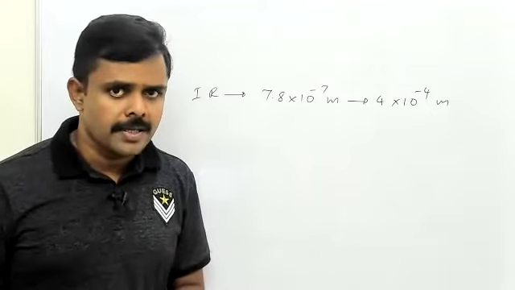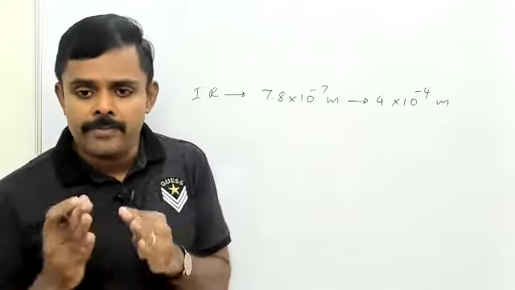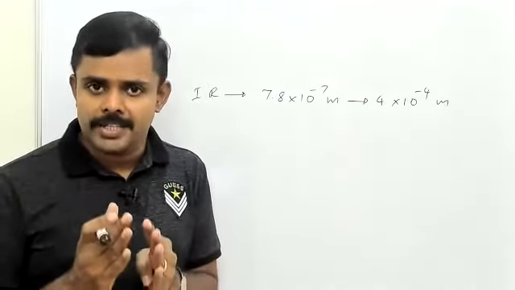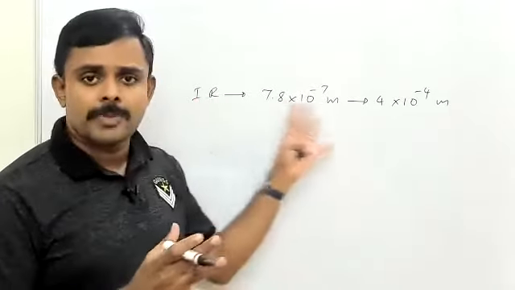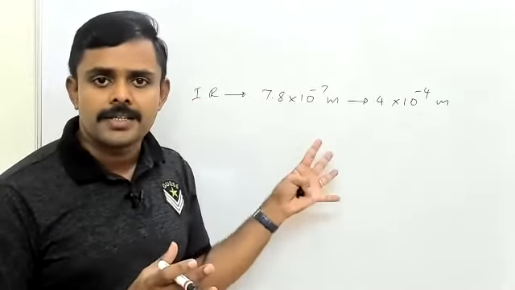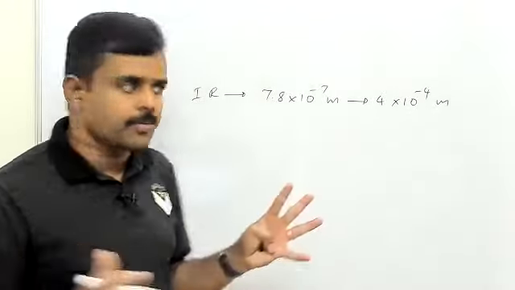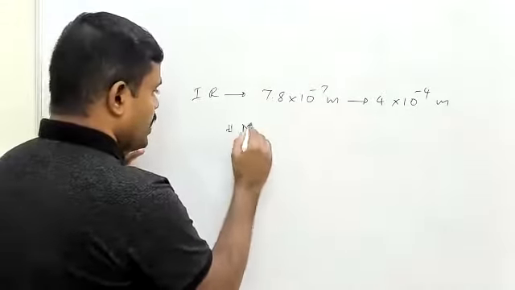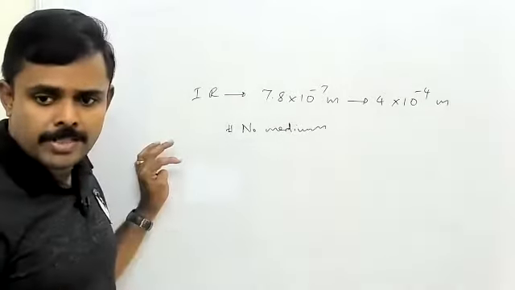There is something called the electromagnetic spectrum. You remember what it is? Waves which have identical characteristics are grouped into a certain band, and that is known as the electromagnetic spectrum. They do not require a medium to travel. So for heat transfer through radiation, no medium is required.